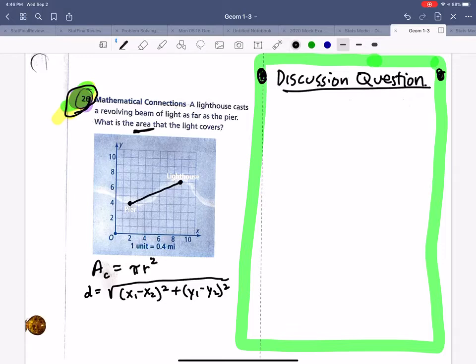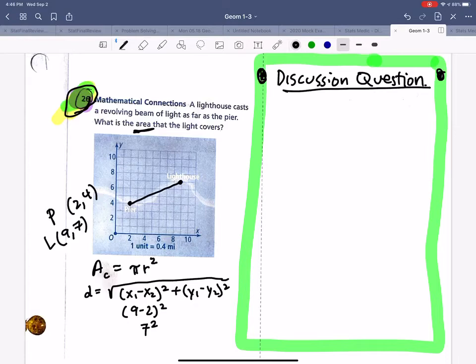My first coordinate, P for pier, is at 2, 4. And my other coordinate, L for lighthouse, is 9, 7. So I'm going to subtract the two x's, 9 and 2. So 9 minus 2 is 7.